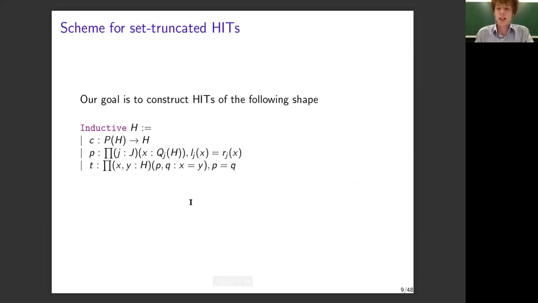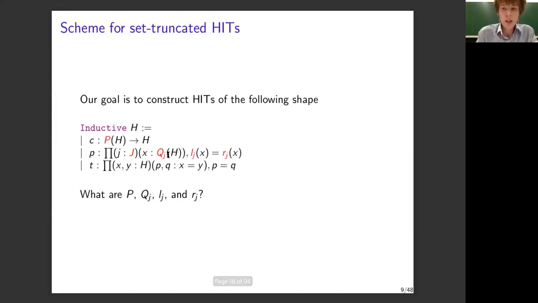So let us discuss what set-truncated higher inductive types are. Basically, we are going to look at higher inductive types of the following shape. We have a point constructor, we have a path constructor, and the higher inductive type is forced to be set-truncated. As a consequence, we can only eliminate this higher inductive type into sets.